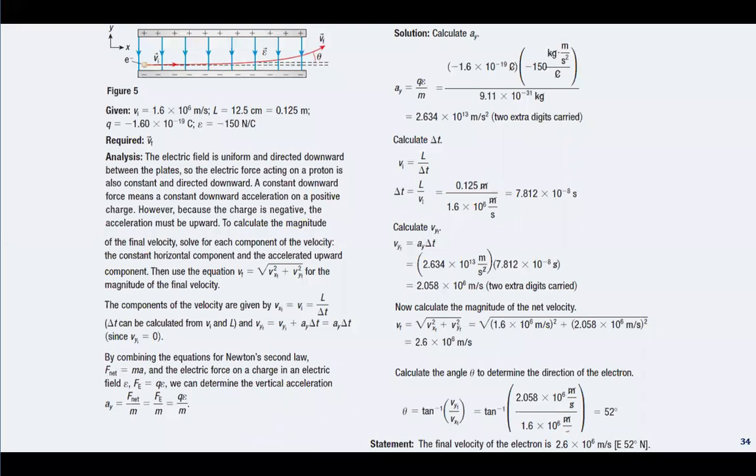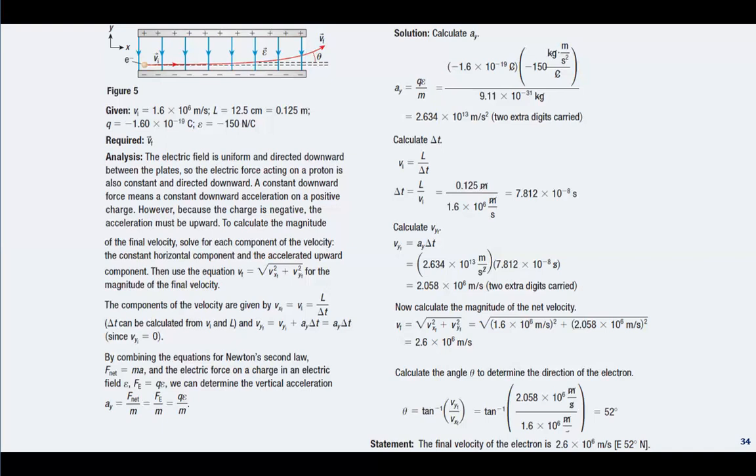To calculate the magnitude of the final velocity, we can solve for each component of the velocity. Note that in the horizontal direction, the velocity is constant, right? Because there is no acceleration along the horizontal direction. And the upward component can be calculated using Newton's second law and the principles in dynamics, right?